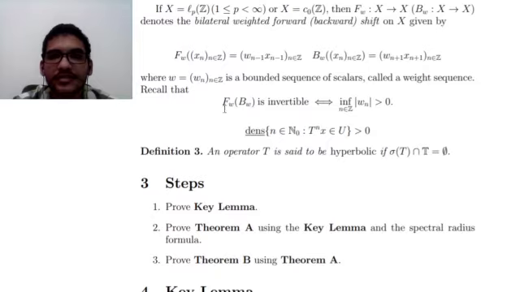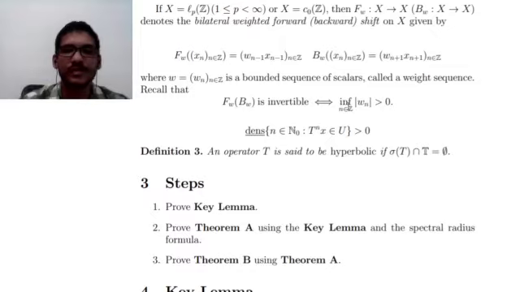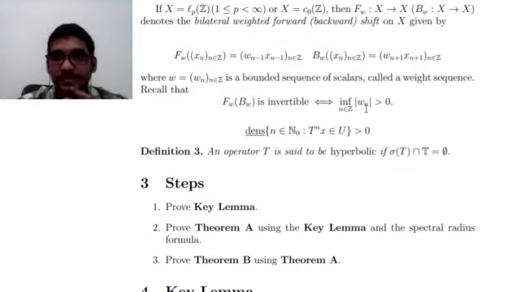Okay, recall that F_w and B_w are invertible if the sequence is bounded away from zero. You have a separation. Okay, the infimum of the absolute value of the weight sequence is greater than zero.